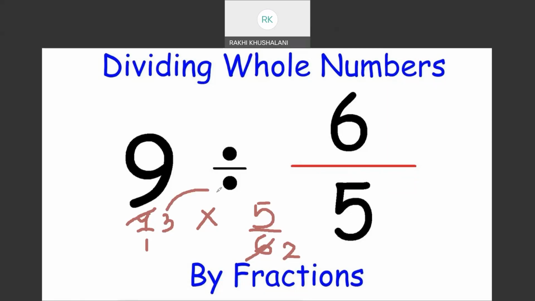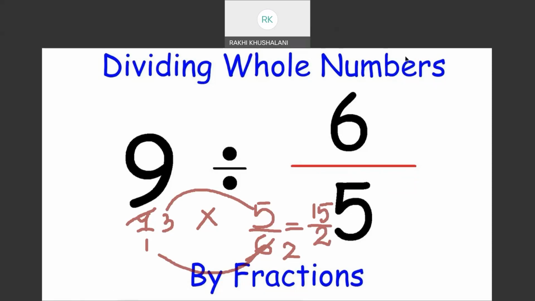So multiply the numerator to numerator, multiply denominator to denominator, and then it is 15 by 2.